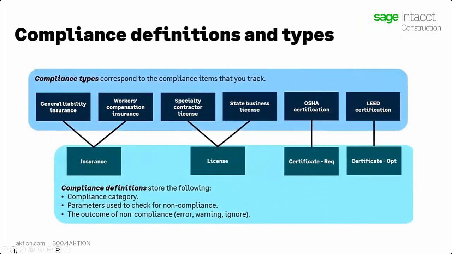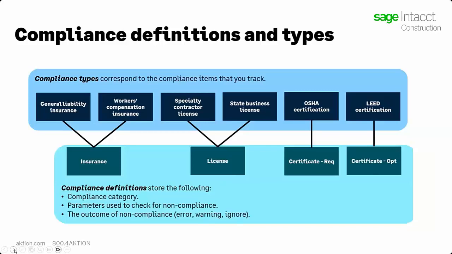Kind of going into explaining more how the definitions and types relate to one another. And like I mentioned, you want to start with your compliance definition, and this will store your compliance category, which at this time is either insurance or miscellaneous. There will be more categories within future releases. It also stores the parameters for which the record is non-compliant, and then the outcome: if there is going to be an error message, a warning, or if it's not an important compliance piece, it will simply ignore that when you go in to pay bills.